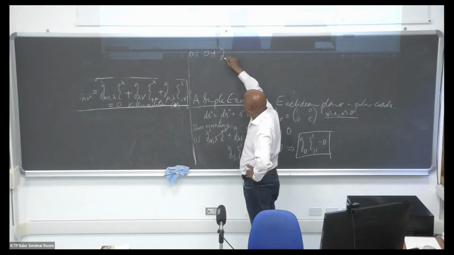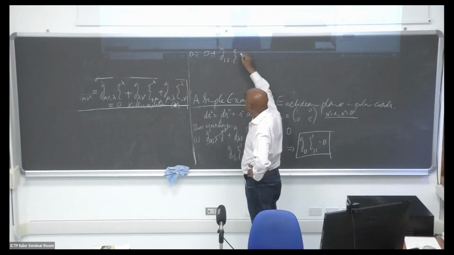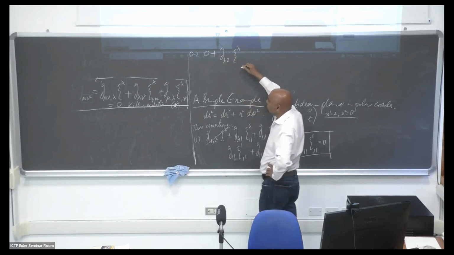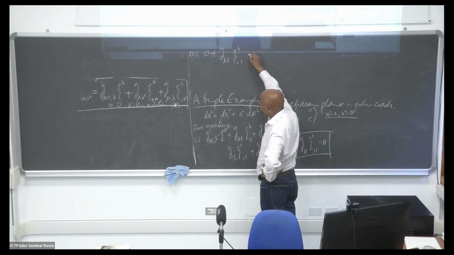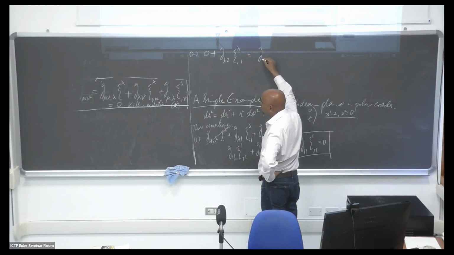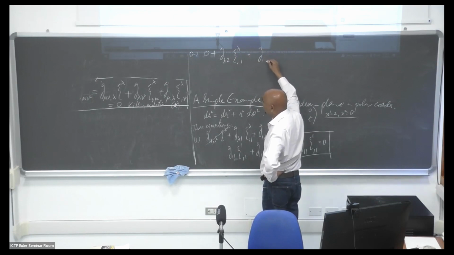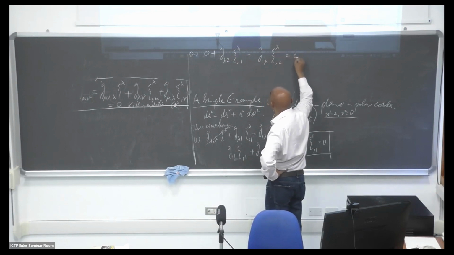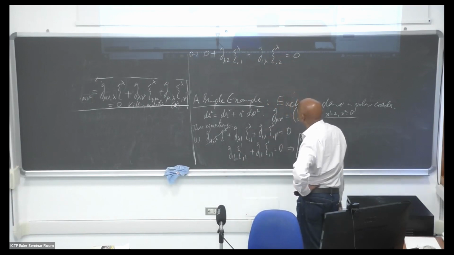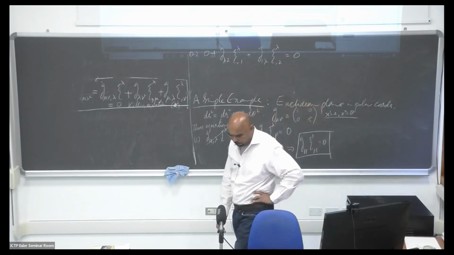The second is 1, 2, lambda mu is 1 plus 1 lambda xi lambda comma 2 equal to 0. Is it okay?